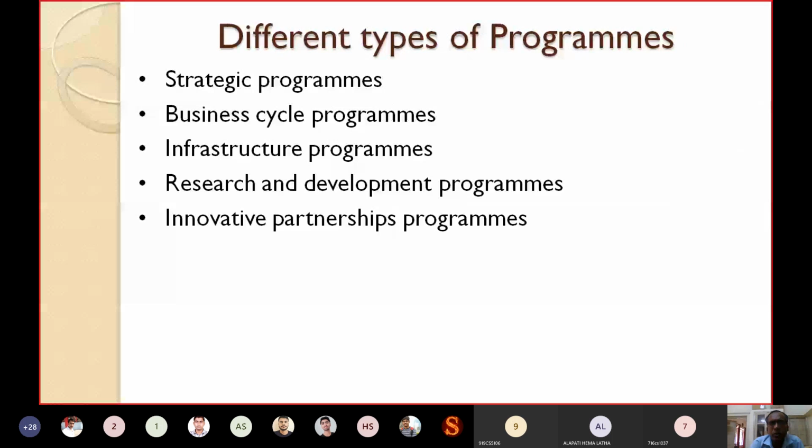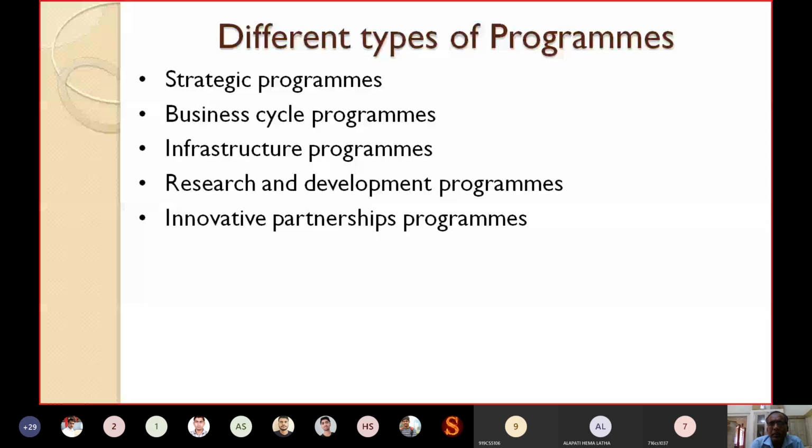Let's first go to the first one, strategic program. As its name suggests, strategic programs are the projects which are implementing a single strategy. If you are implementing only one strategy, not more than one strategy, then you will call it a strategic program.